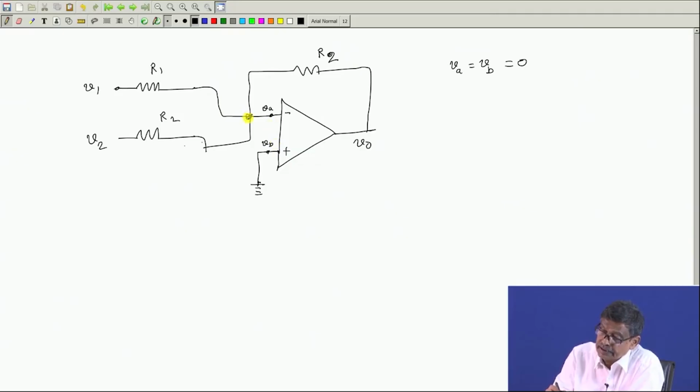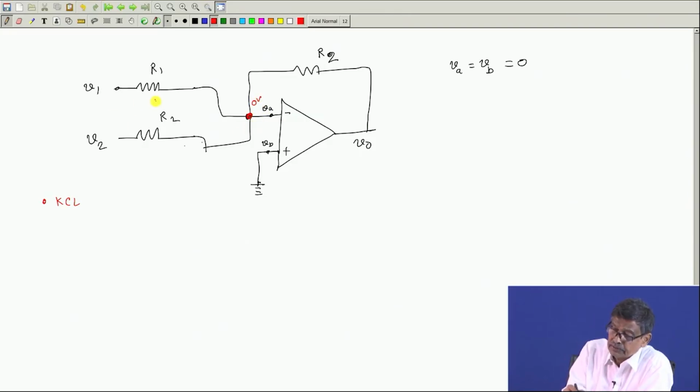Then you write KCL at this point, the inverting terminal. KCL is very simple because this is 0 volt.